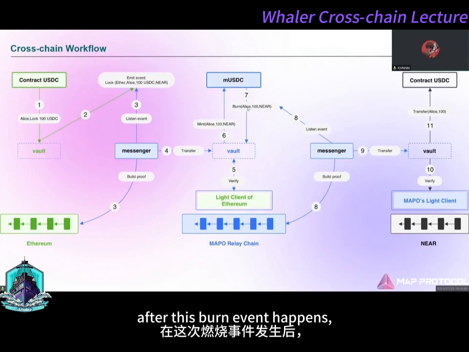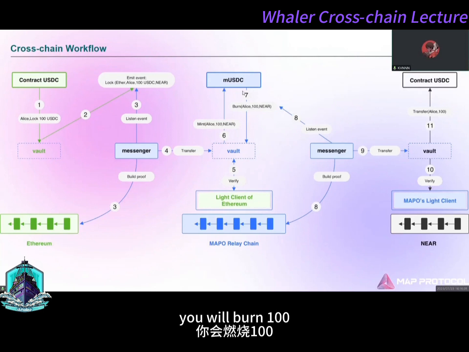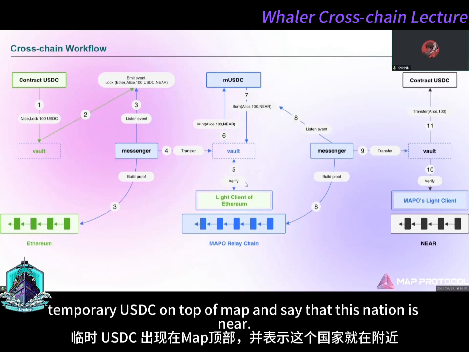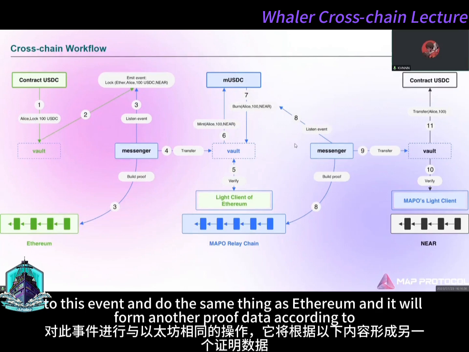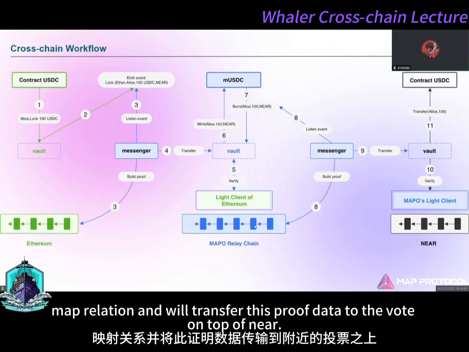So this burn event will burn 100 temporary USDC on top of Map and say that the destination is Near. The messenger will also listen to this event and do the same thing as with Ethereum. It will form another proof data according to the Map relay chain, and transfer this proof data to the vault on top of Near.